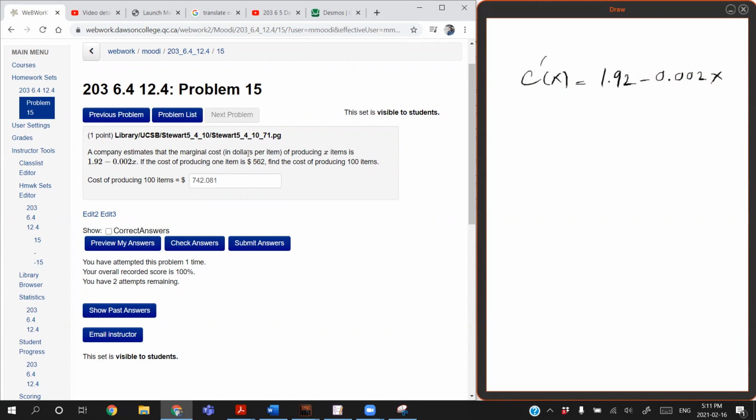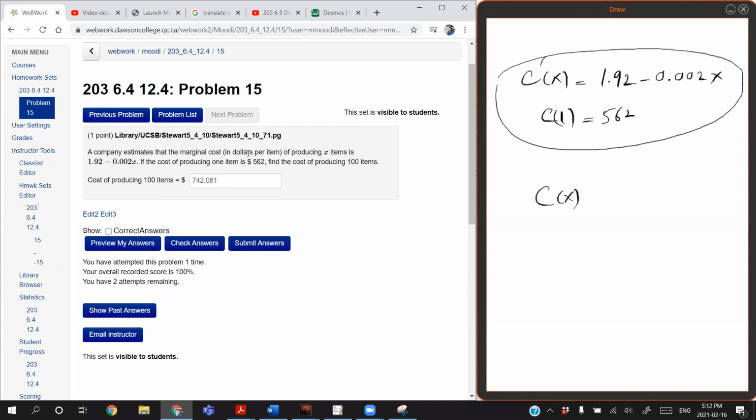You're also given another piece of information, the cost of producing one item, C of 1, which is $562. So with these two pieces of information, you will be able to find C of x.